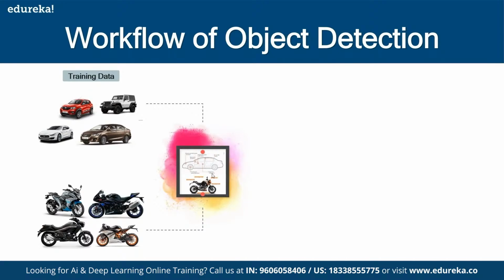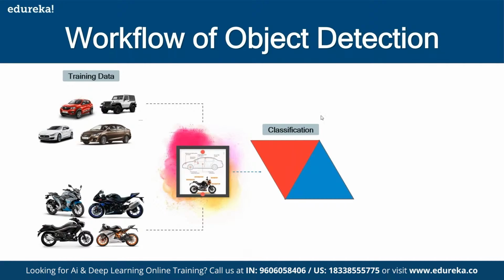I'll use my deep learning model and understand the various features that are present in each car and bike. This process constitutes the training of the deep learning model. And once we have done the training, we will have the trained model which can identify whether a given image belongs to either a car or a bike.